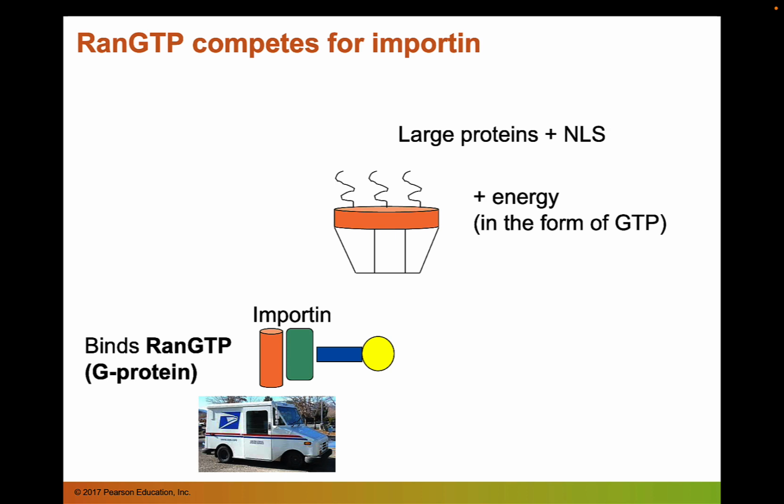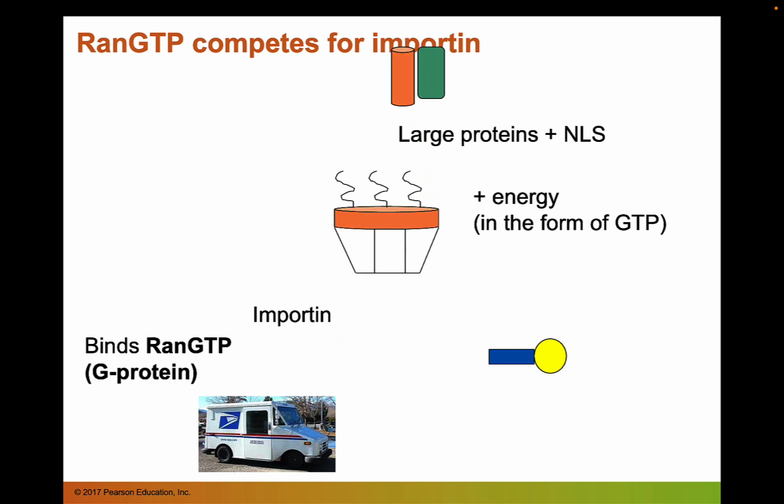So when RAN-GTP is in the nucleus, it's on, and when it encounters importin, it has high affinity for importin, and it outcompetes this nuclear protein with the nuclear localization signal. So it changes the conformation of importin and releases this nuclear protein.